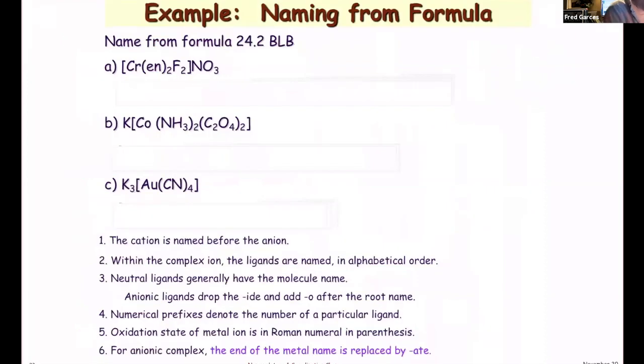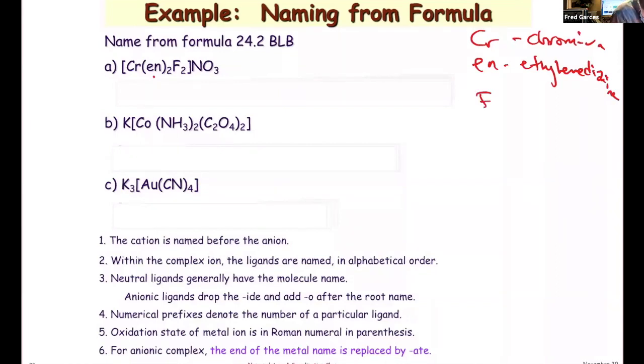Let's take a look at this. This right here is chromium. This Cr is chromium. En is ethylene diamine. Okay, break it down that way. F is fluoro. It's called fluoro, not fluoride, because it's a ligand now.